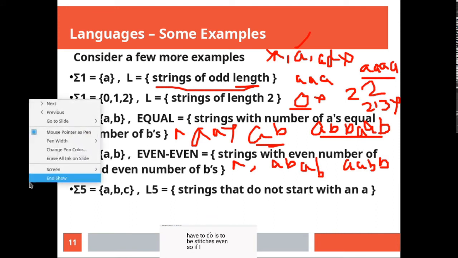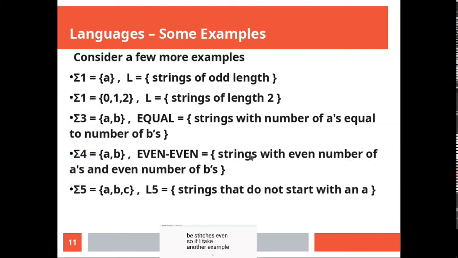So if I take another example, let's say A, A, B, B, A, A. Is this a part of the language even? No or yes? This is a part of the language even. Why? Because you have 1, 2, 3, 4 A's, which is even, and you have 2 B's. This is also even.